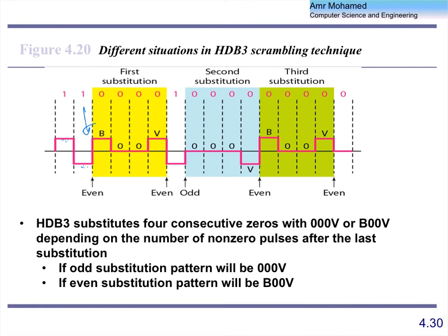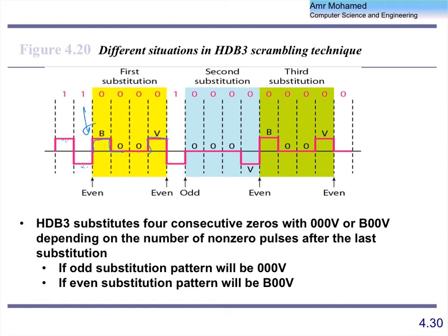And again, if it's negative, then we do negative violate, and then we go for mapping the other voltage level. Here we have to count the number of ones before. Like if you have 8 ones, for example, then we have to go back to count the number of ones. And if the number of ones here is even, then we have to go B and then 0 0 V.